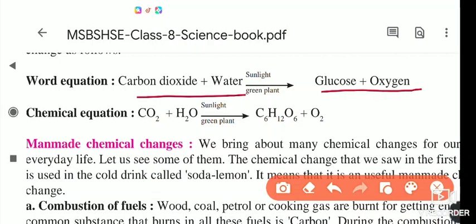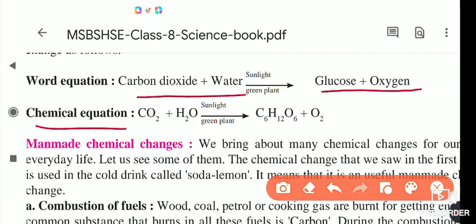Sunlight and green plant, meaning chlorophyll, are very important to conduct this process in the plant's body. So when carbon dioxide combines with water in the presence of sunlight and chlorophyll, it forms glucose and oxygen.